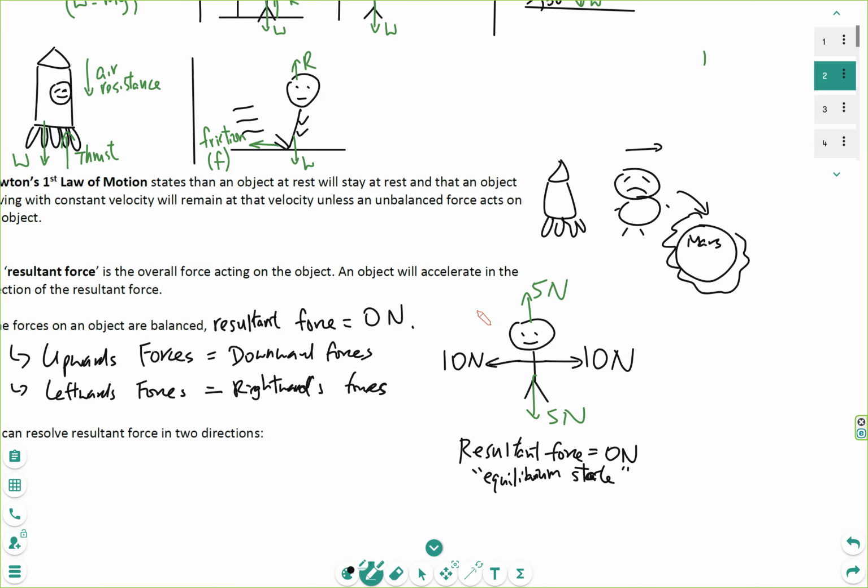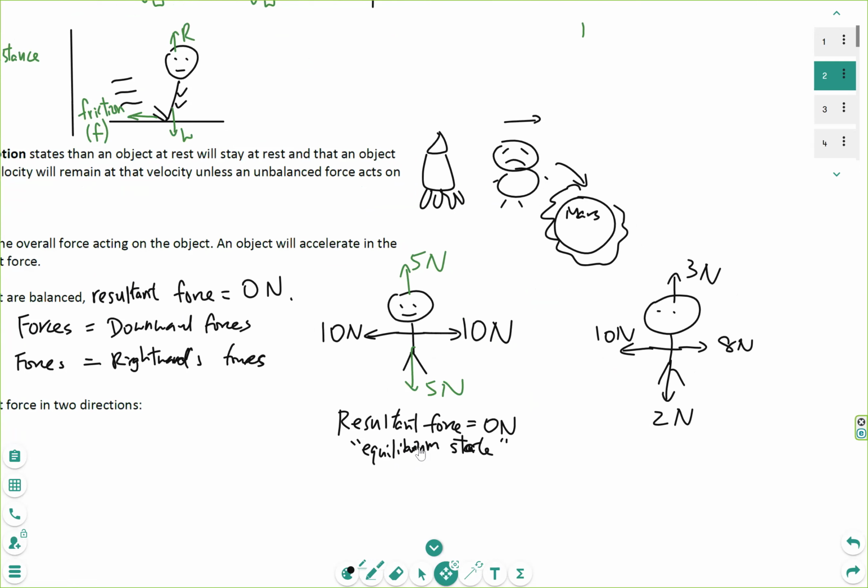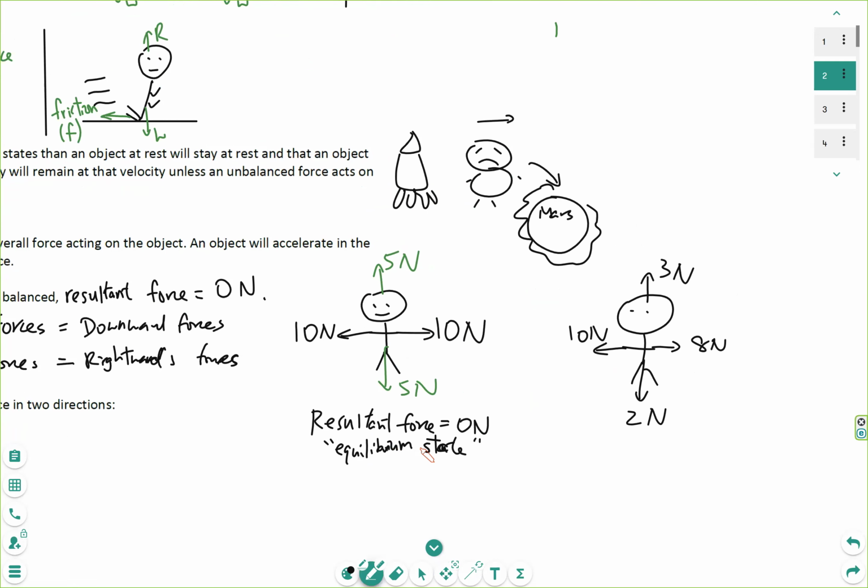Equilibrium state. Right. So what if you have another one in here? This is pulling 10 Newton, this pulling 8 Newton, this pulling 3 Newton, this pulling 2 Newton. Is the resultant force 0? No, because 3 is greater than 2, 10 is greater than 8.